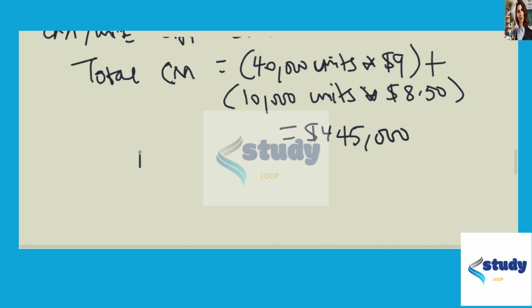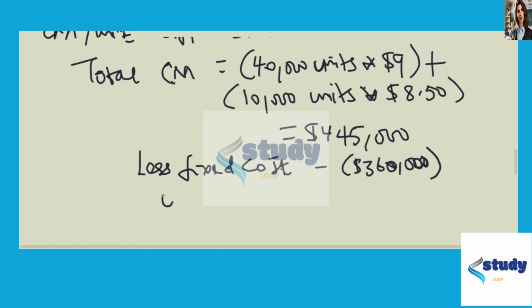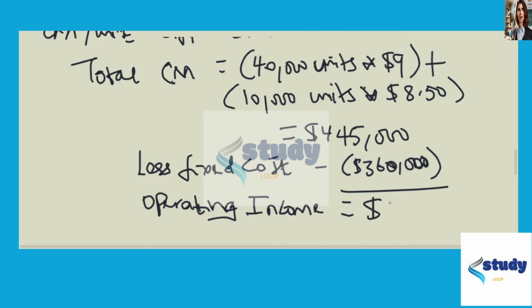445,000. So then we less fixed costs, and fixed cost is 360,000, and then the operating income will be the difference, and that will be $85,000.